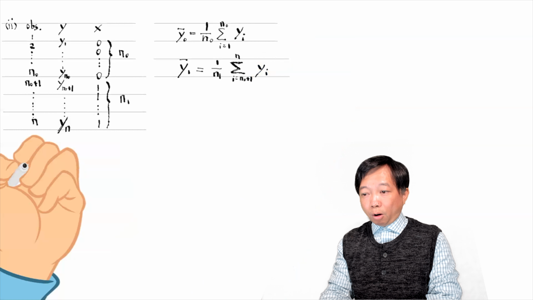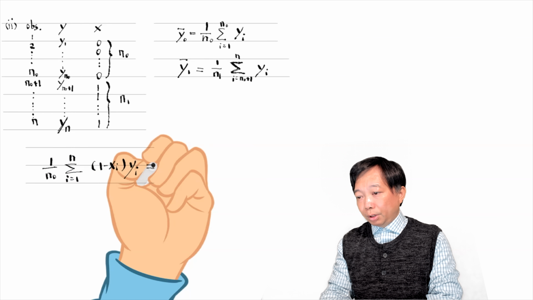Then the average of yi with xi equal to 0 can be written as 1 over n0 times the sum of the first n0 yi's. The average of yi with xi equal to 1 can be written as 1 over n1 times the sum of the remaining yi's.